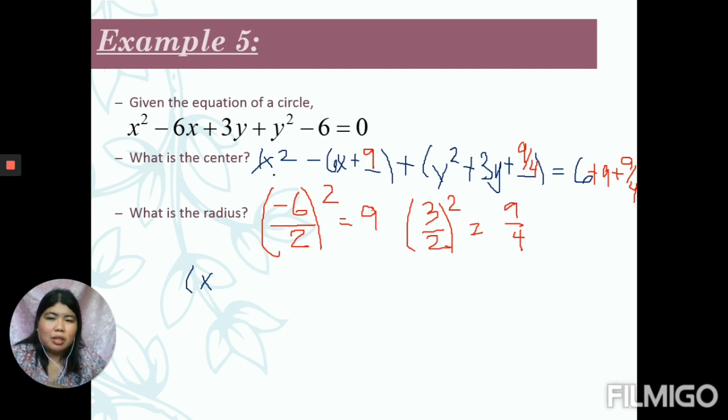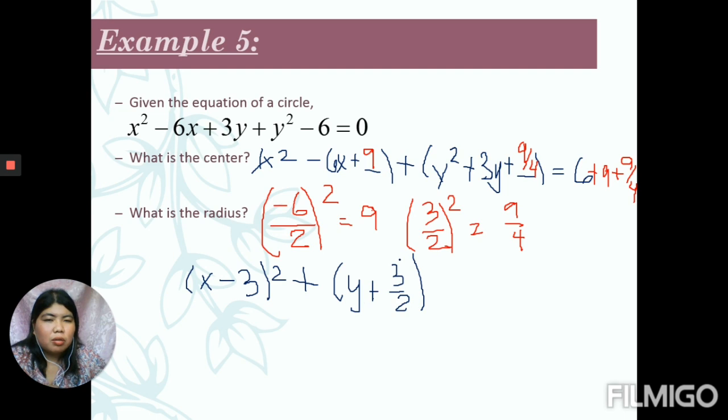Actually, ito yan, negative 6 over 2, so negative 3 squared, plus this one, square root ng y, tapos square root of 9 over 4, plus, binalikan lang natin kanina, 3 over 2. Tapos, yung sign dito pa rin siya.